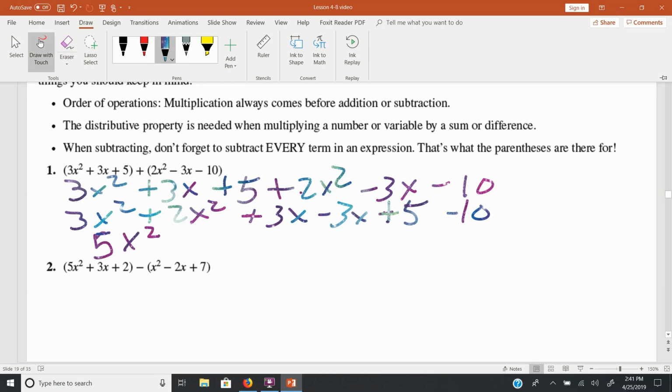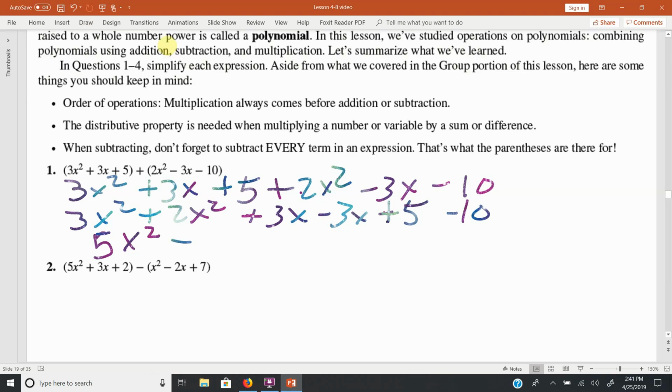So I don't even have to write that. I can just leave that out. And then if I add 5 and I subtract 10, that's really like subtracting 5. So adding polynomials is really just combining like terms.